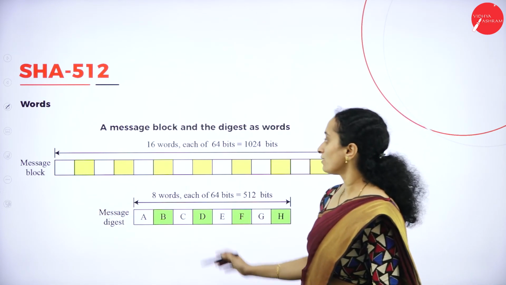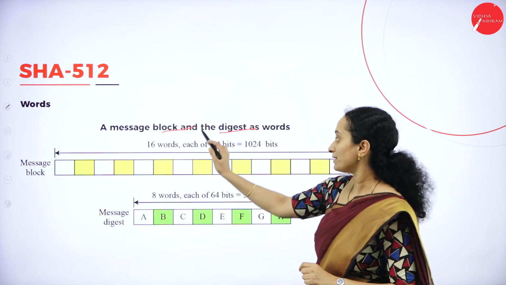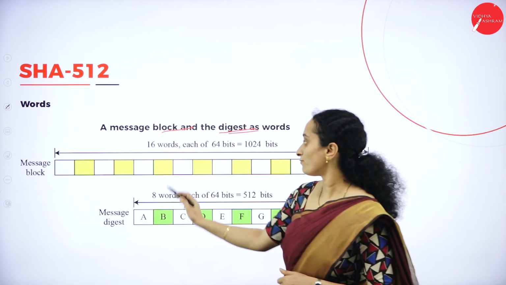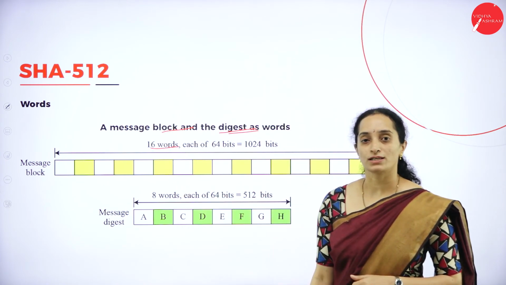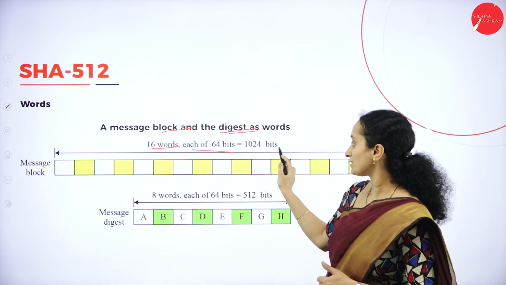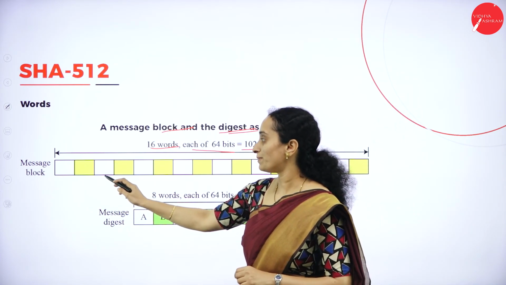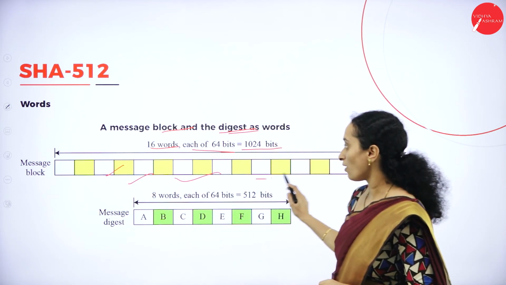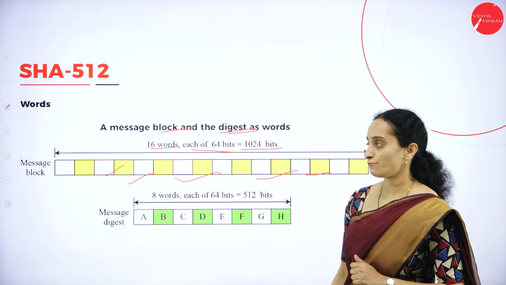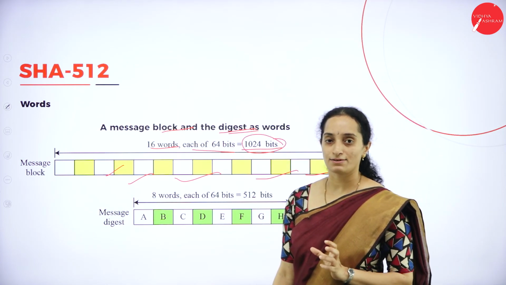We use words for representing a message block, and the digest will also be represented as words. How many words? 16 words, each of 64 bits, which make up 1024 bits. So each block contains 16 words.